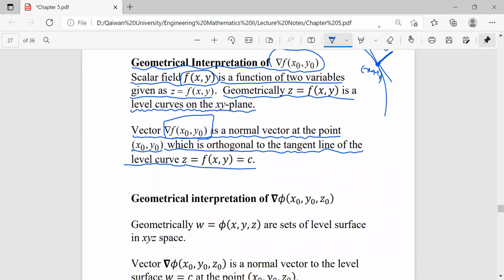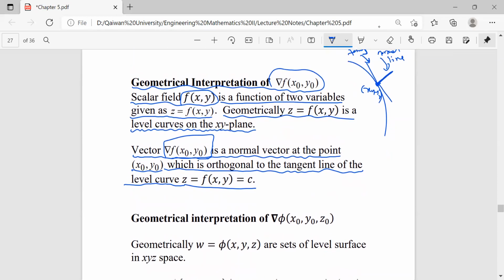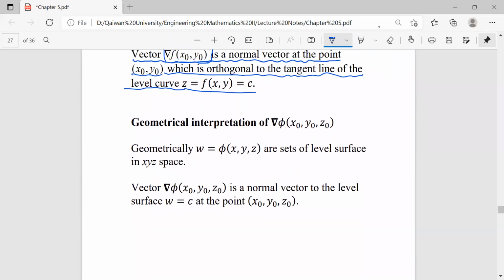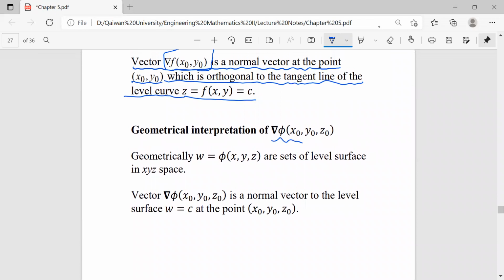It's only the geometrical representation of grad of a scalar field at a specific point. The geometrical representation of grad of phi at x naught, y naught.